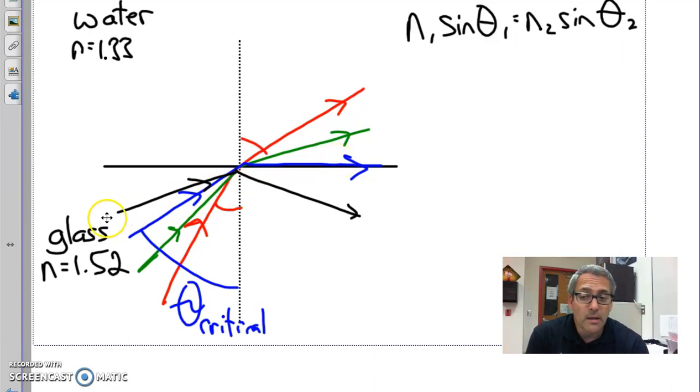Look at the black ray. That light ray is at a greater angle than the critical, so when that light ray hits the boundary, that light never gets out. It just bounces right back in. So it's reflecting, not refracting. So the red, the green, and the blue rays, they all get out at different degrees, but they all refract. But beyond that critical angle, light just bounces back in.